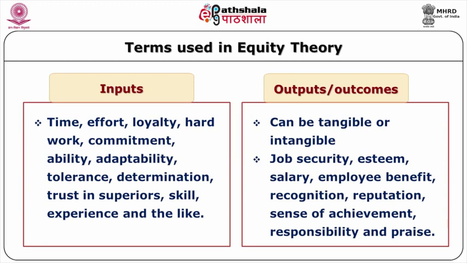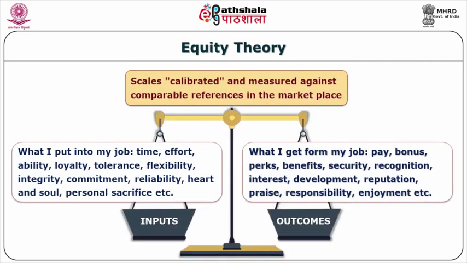Outputs or outcomes would be job security, esteem, salary, employee benefits, recognition, reputation, sense of achievement, responsibility, and praise. As can be seen from the figure, equity theory is about achieving balance between inputs and outputs, and that is measured against a reference point.